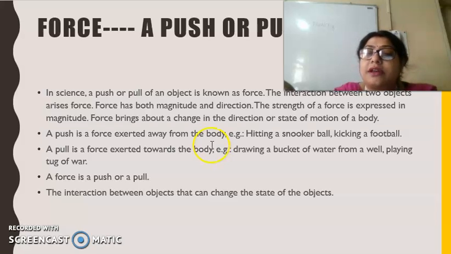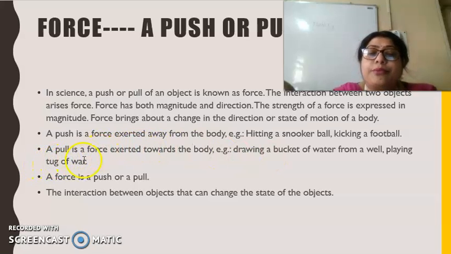Like when you are kicking a football, or any kind of ball, or children playing in the street kick the ball, or we are hitting a snooker ball, or any object lying on the ground or on the table, and allowing it to move away from your body. That is actually a push.